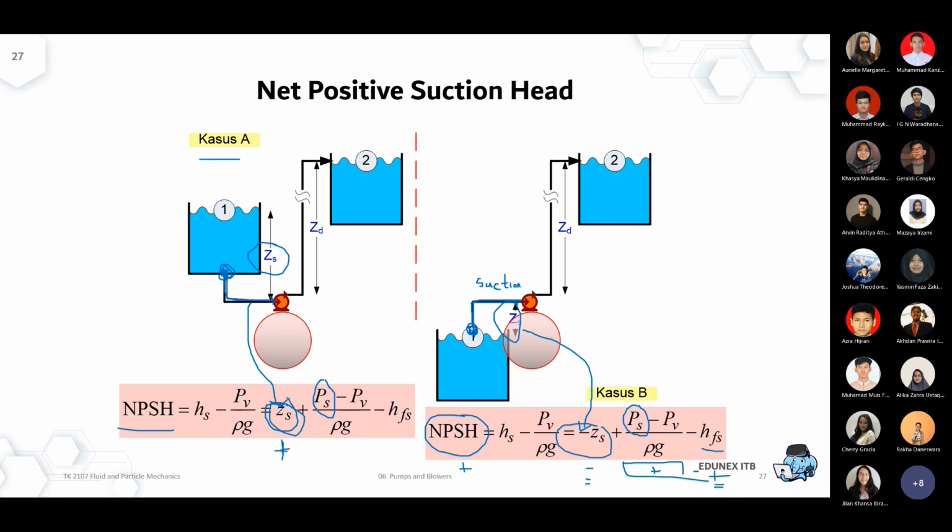Okay, I'll stop my explanation here first to check if you have any questions about the formula and especially these two cases, please. Or is it clear?